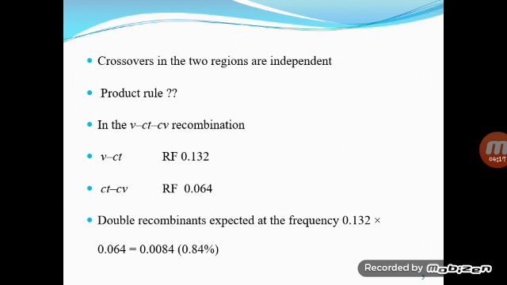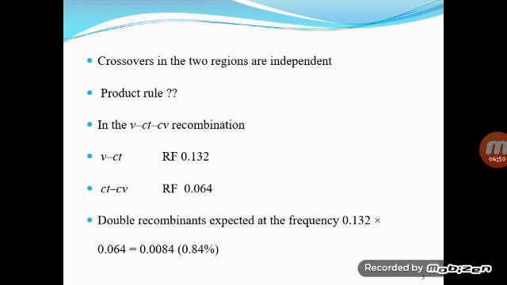The analysis can be approached in the following way. If crossovers in two regions are independent, then according to the product rule, what is the product rule? The frequency of double recombinants would equal the product of recombinant frequencies in adjacent regions.